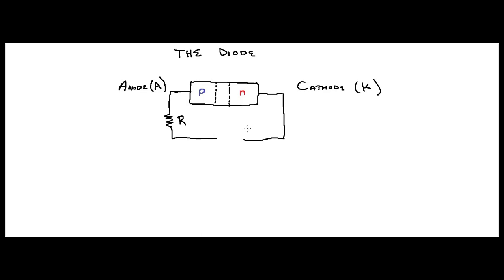So on reverse bias, you want your cathode positive biased and your anode negative biased. And if I'm going to draw the battery, it would be small, long, small, long, small, long. It comes right back here, okay?